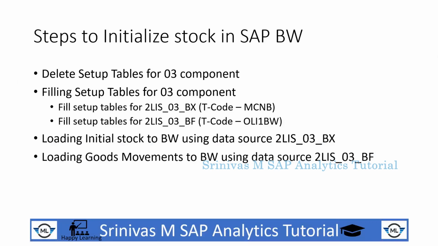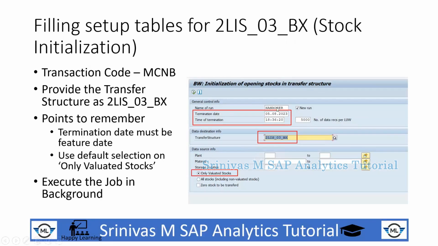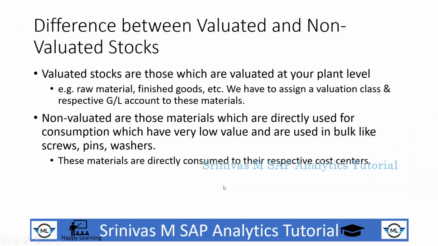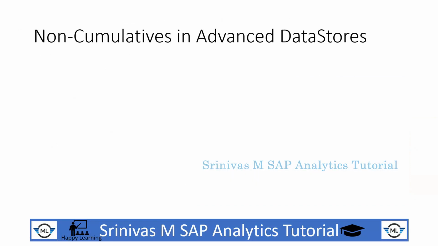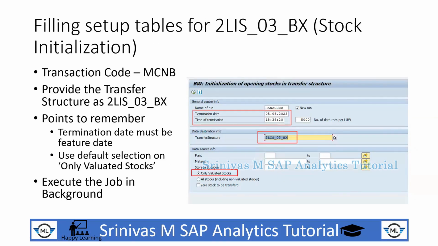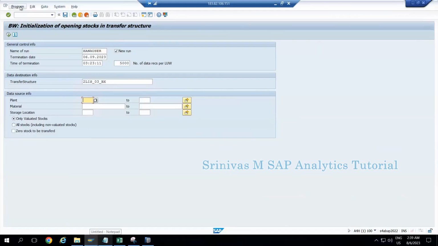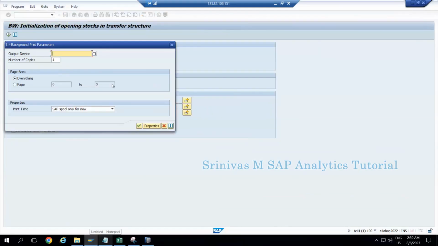Now when you fill all the required information and execute, a background job will be created for you. How it looks, I will show you. Go to Program, Execute in Background.